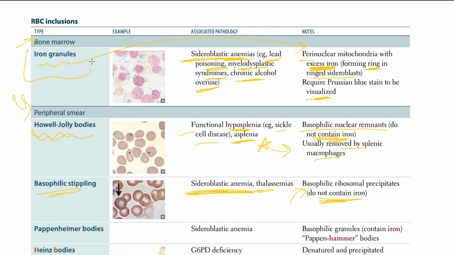But they're saying that in the bone marrow you will have iron granules. In the periphery you do not see any iron. So the excess iron is known as iron granules in the bone marrow only. In the peripheral smear you don't have anything with iron.